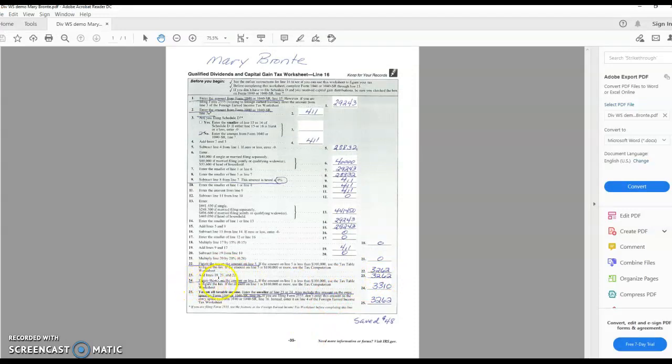Line 23, add lines 18, 21, and 22. So 0 and 0 and 3262 is 3262. Line 24, figure the tax on the amount on line 1. So line 1 is 29,243. So now we're going to look up the tax for 29,243.